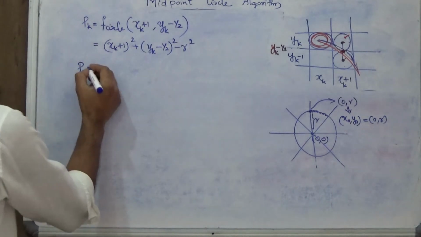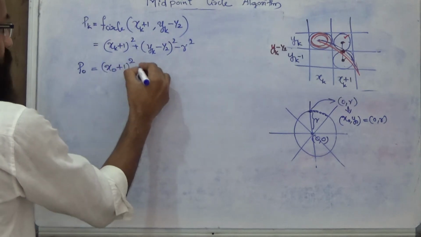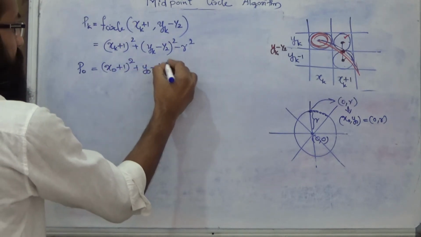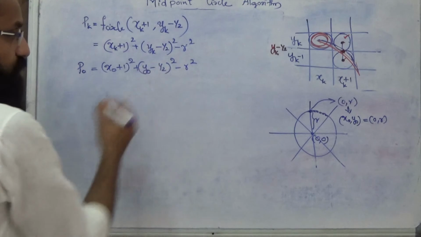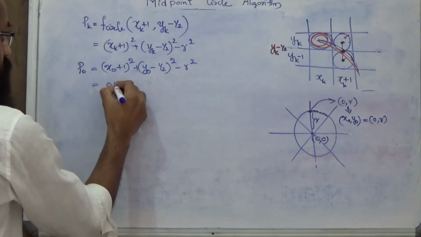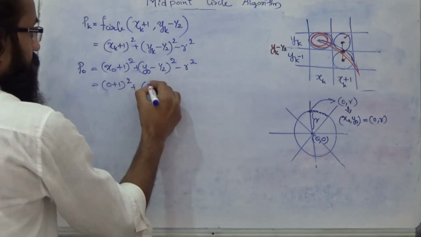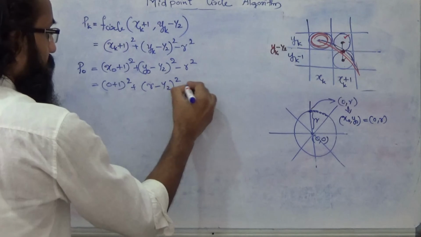So P0 is equal to (x0 plus 1) the whole square plus (y0 minus half) the whole square minus r square. So what is x0? x0 is 0. So (0 plus 1) the whole square plus (y0, which is r, minus half) the whole square minus r square.